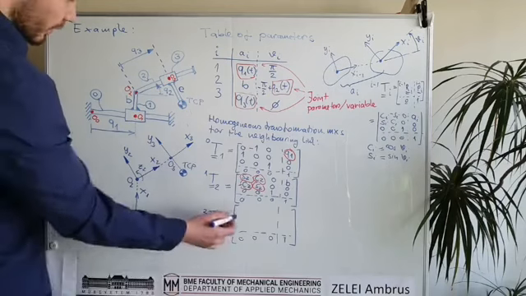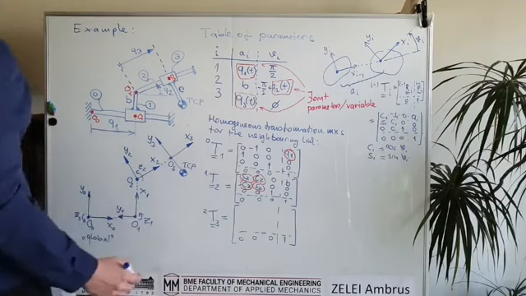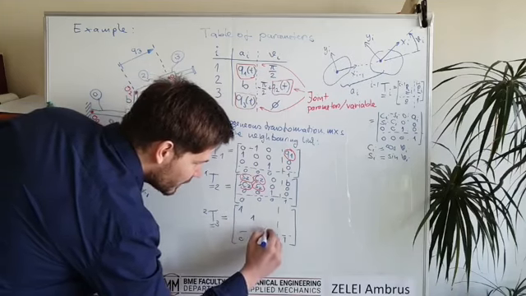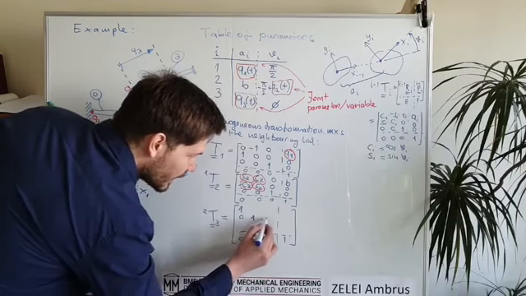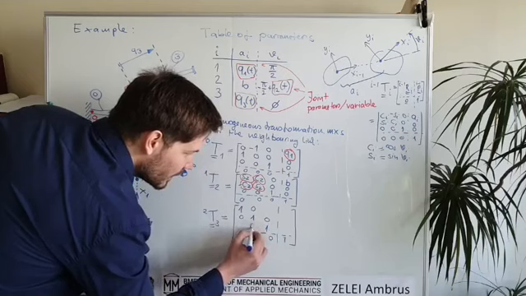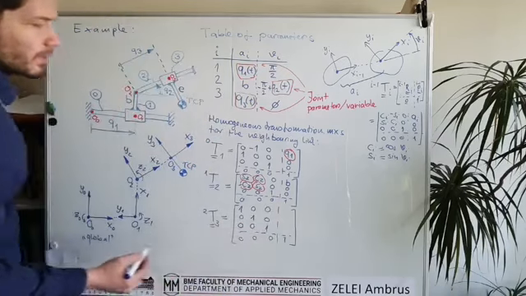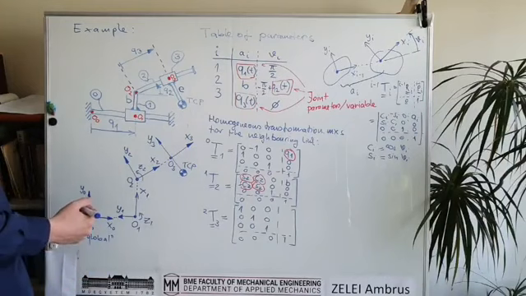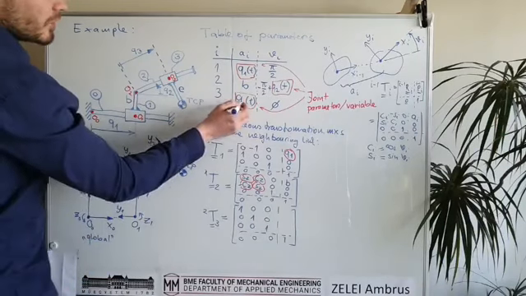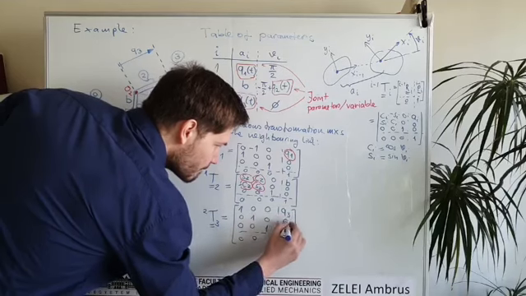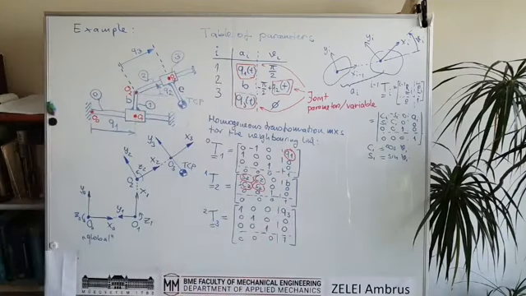And in the third case, there is no rotation. So the rotation matrix will be an identity matrix. So all the diagonal elements will be equal to 1. And the translational part is q3, and there is nothing else.